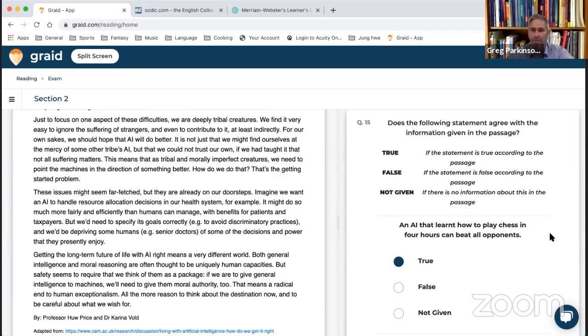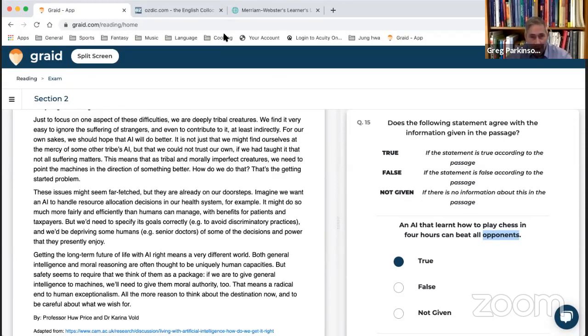So opponents. Now, the next thing I want to talk about is beat opponents, right? When you do your writing and speaking, you are judged. Part of your vocabulary, your lexical resource score is based upon collocations. So this is an example of a collocation.